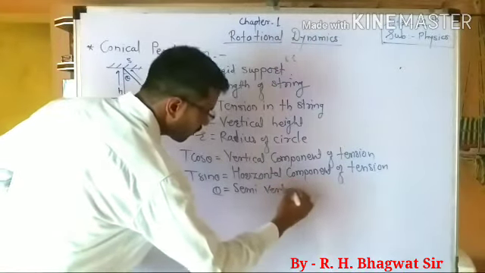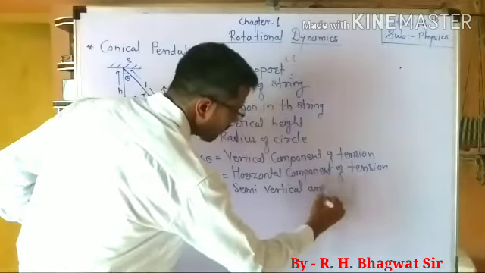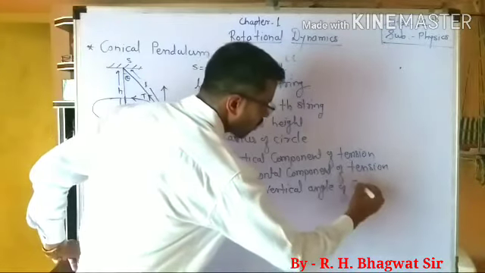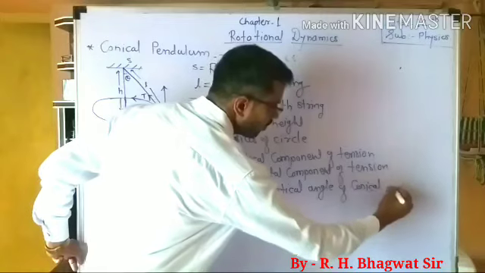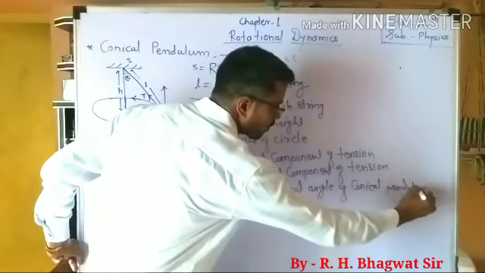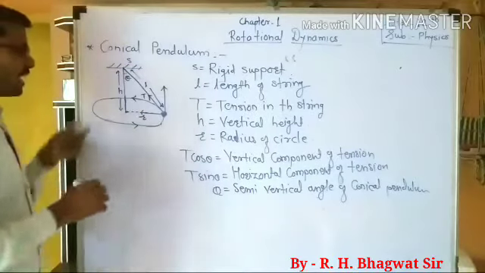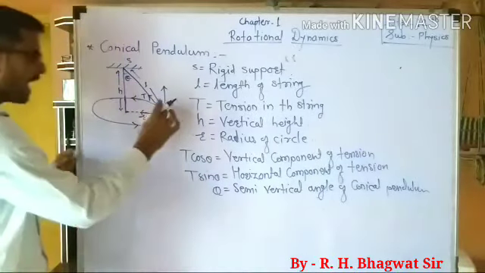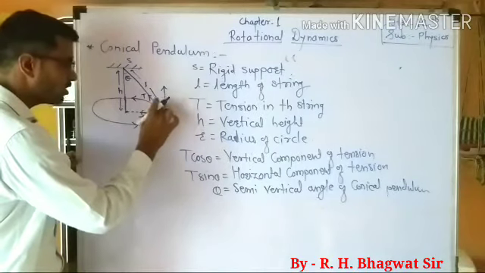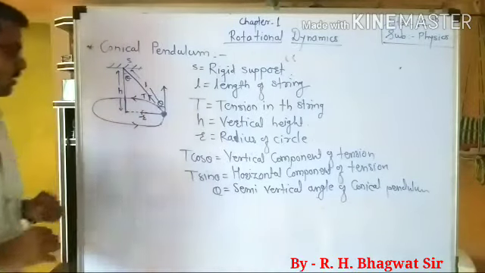Semi-vertical angle of conical pendulum. Now, if this angle is theta, then by the geometry of the figure, this angle is also equal to theta.